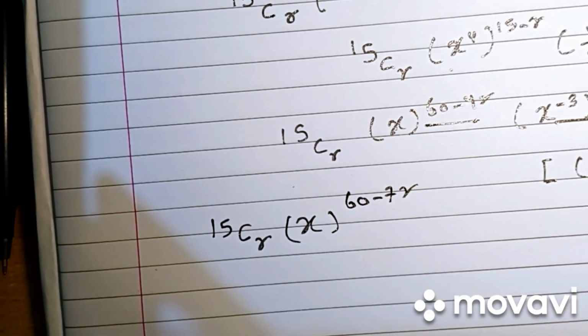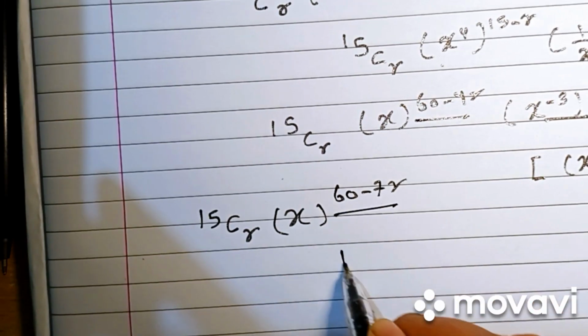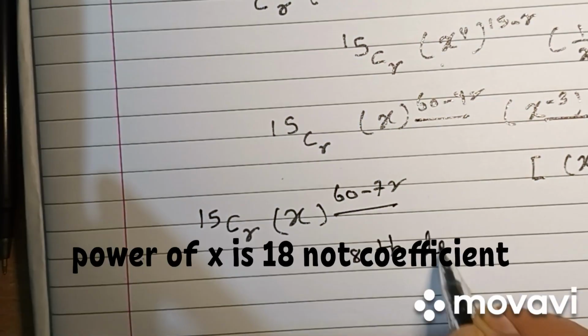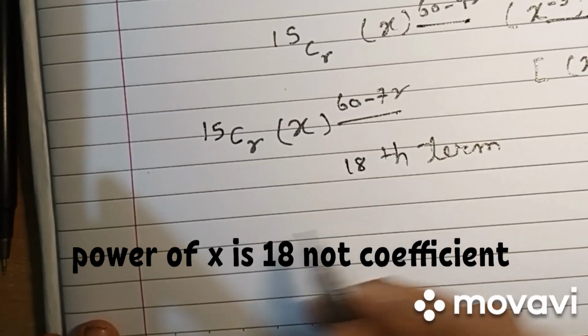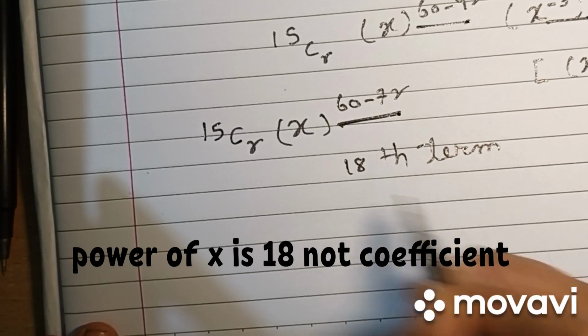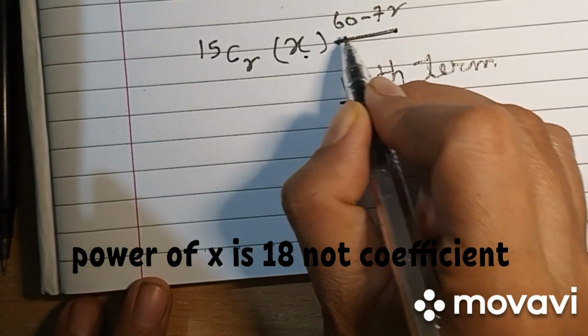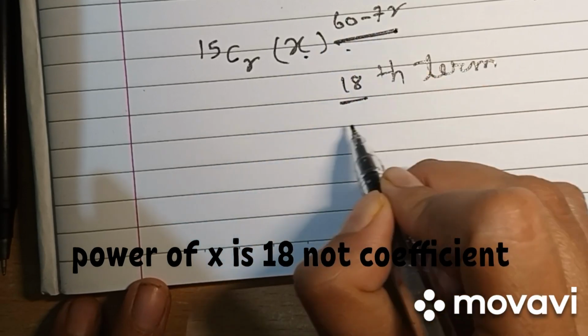So we have to find the coefficient of x to the power 18. So we have to put this power equal to 18, because the power of x is 60 minus 7r.